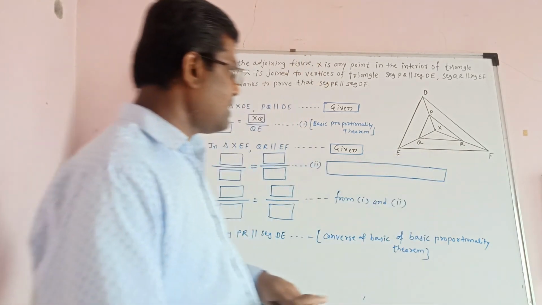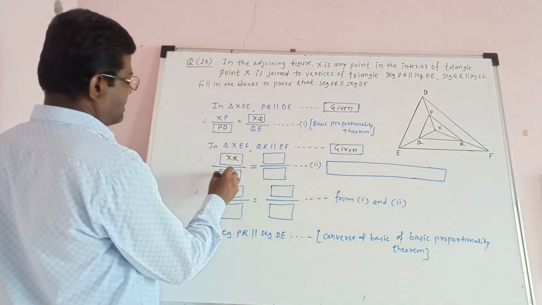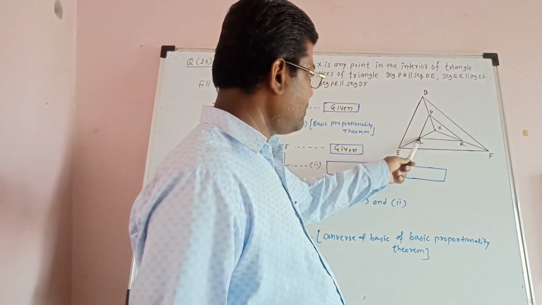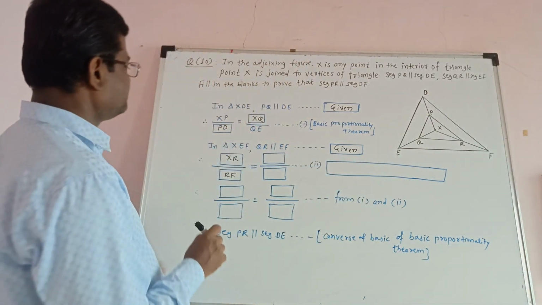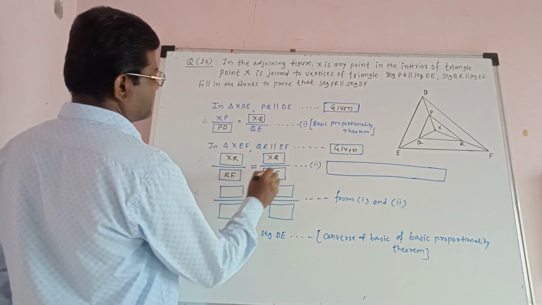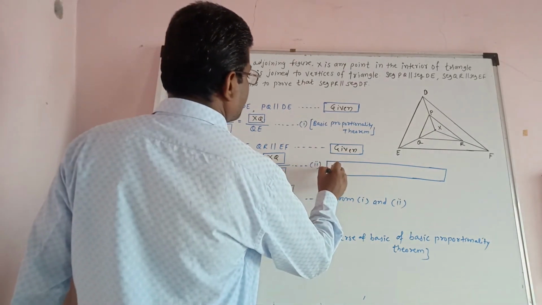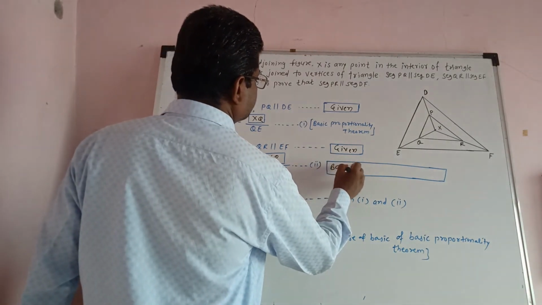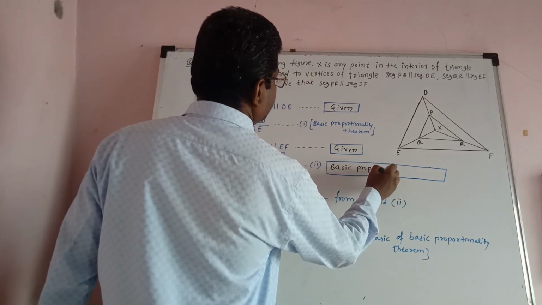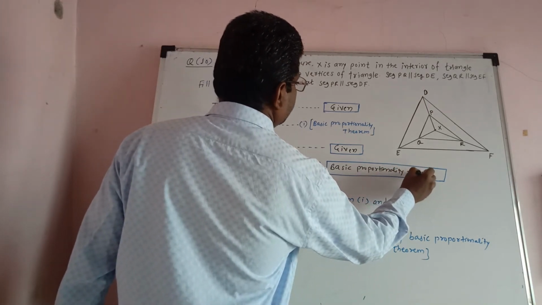XR upon RF is equal to XQ upon QE. This is equation number 2, and here reason is basic proportionality theorem.